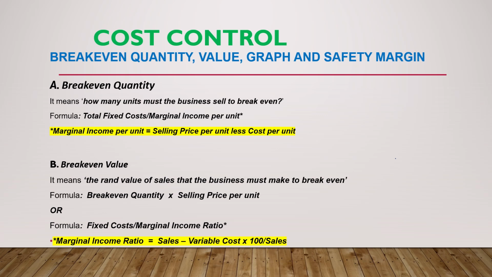The formula is also simple. You take the break-even quantity that you calculated above, let's say that total is 20,000. You take it and you multiply by selling price per unit.